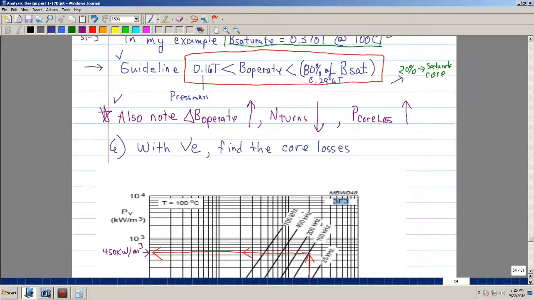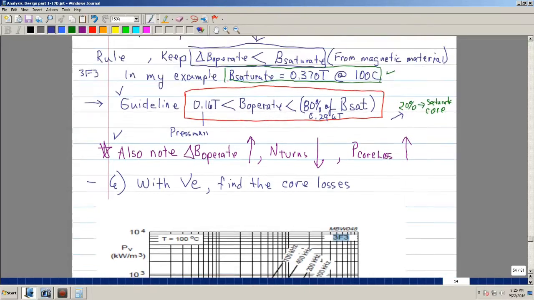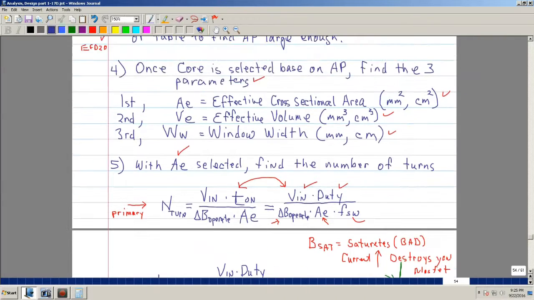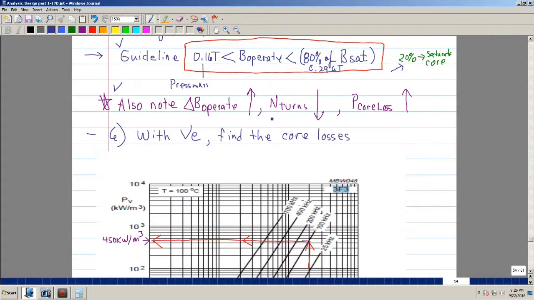Well, then we'll go to step number 6, and we'll use, I believe, the second parameter, VE. VE, very important.